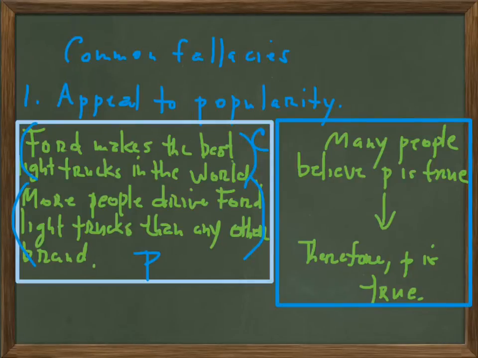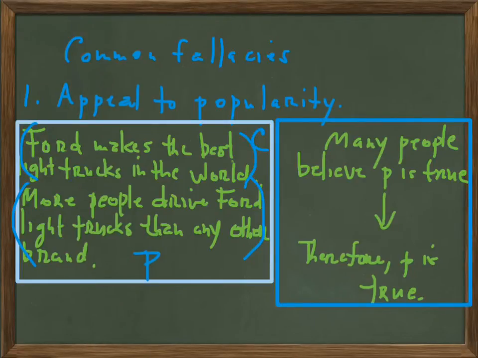The type of arguments we are looking at in this video and the next, which are invalid because they are fallacies, are arguments where the premises do not support the conclusions. We will look at other types of arguments in the next section called inductive arguments, where we have generally a set of premises, and we will determine whether those premises allow us to make a generalization with reasonable certainty or with high probability.